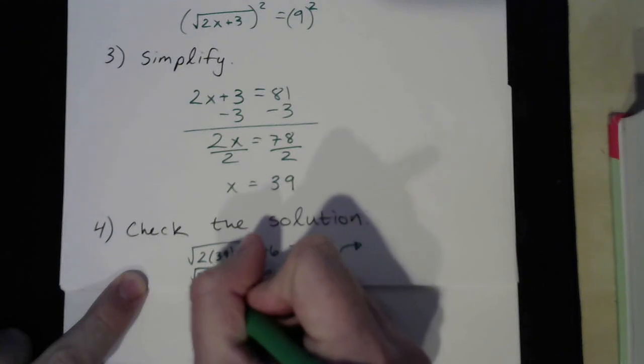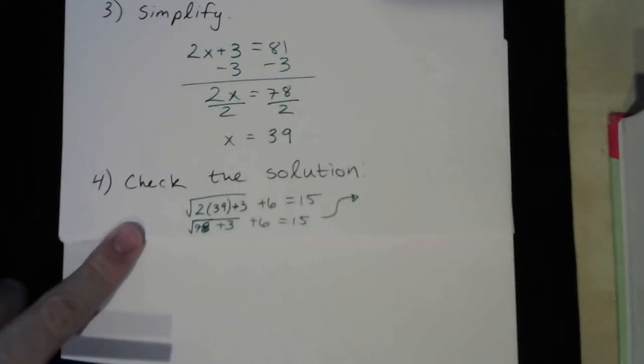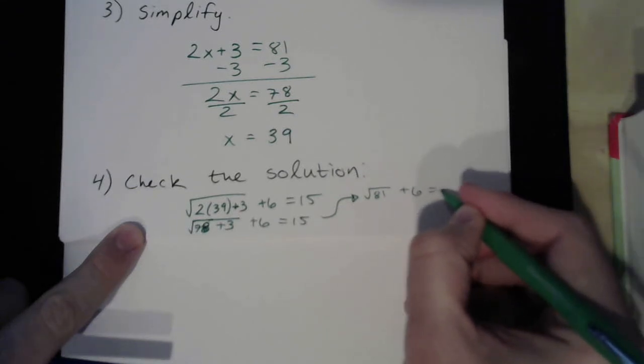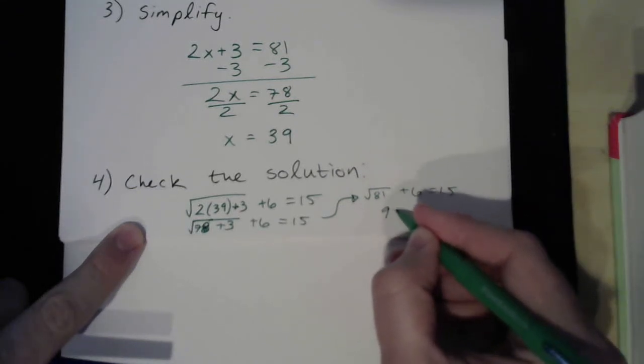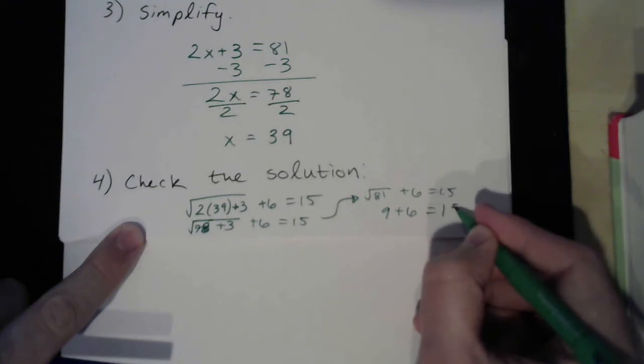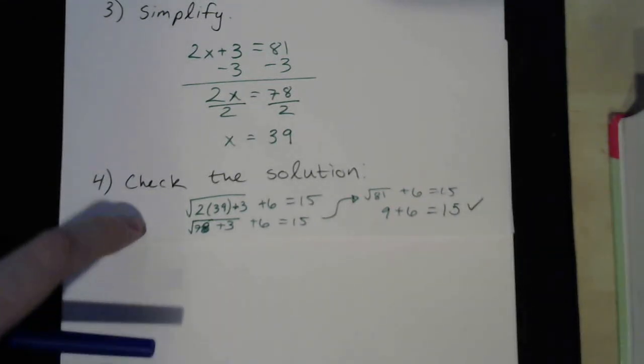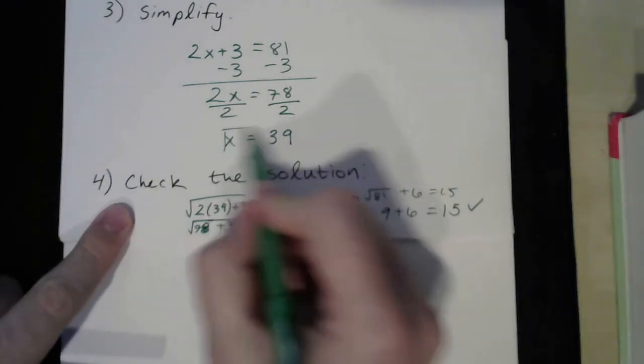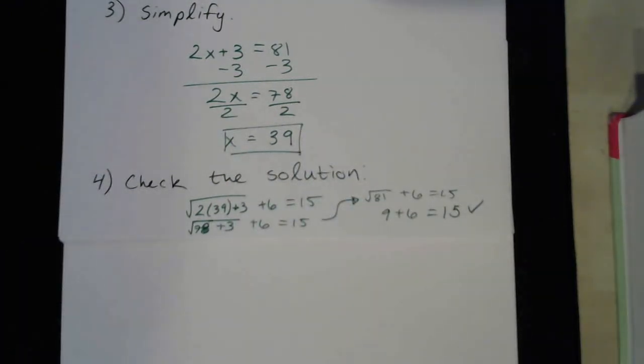I will make sure that I am writing bigger. 78 plus 3 is 81. The square root of 81 plus 6 equals 15. We know that this is 9 plus 6, and that definitely equals 15. So we know we have a solution, and we can box that number up.